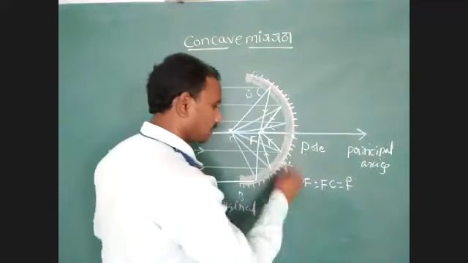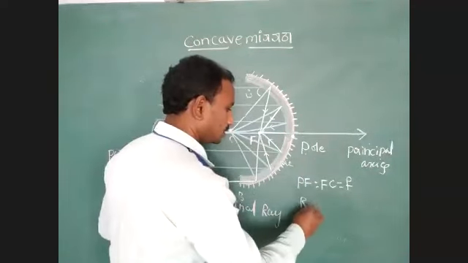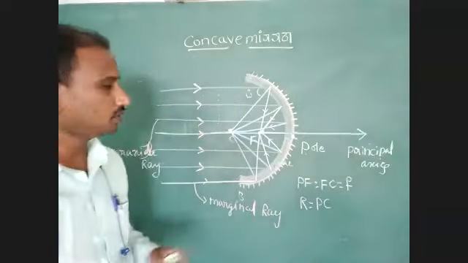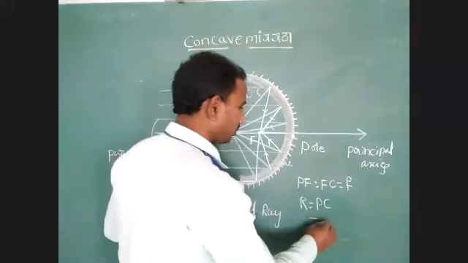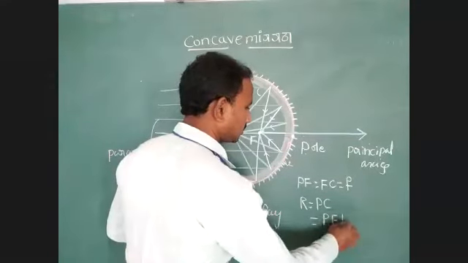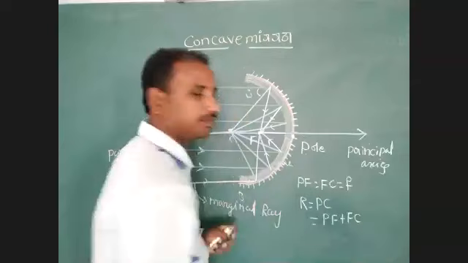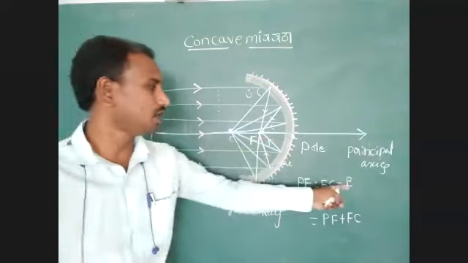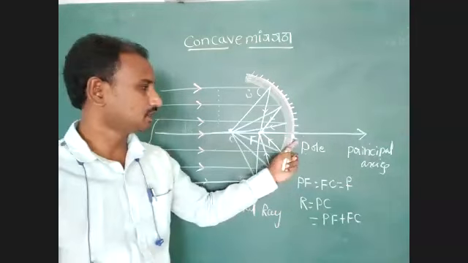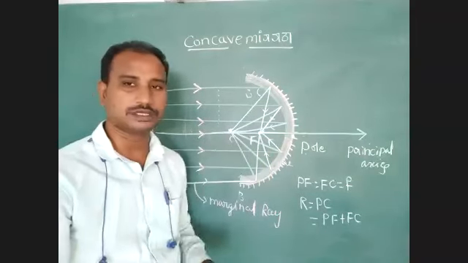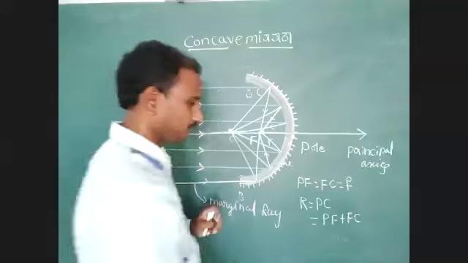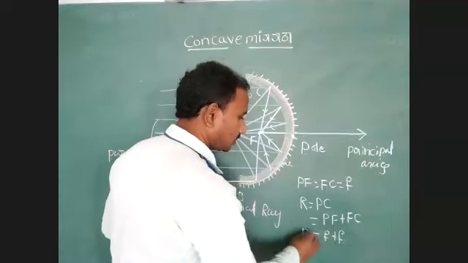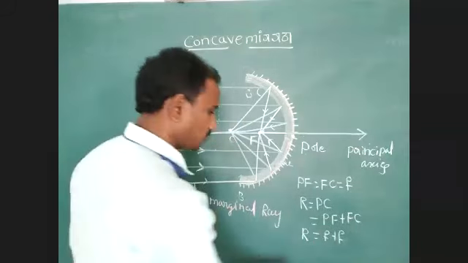Now find the radius of curvature. Radius of curvature equals PC. But PC you write as PF plus FC. PF is nothing but the focal length. The separation distance between the pole and the principal focus is called the focal length. So we write F plus F. R is equal to how much?